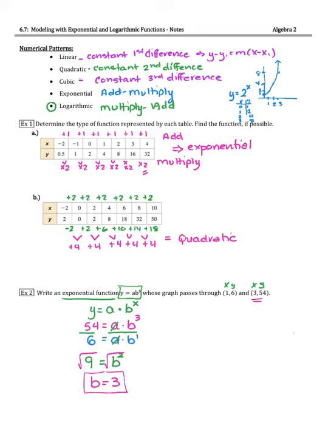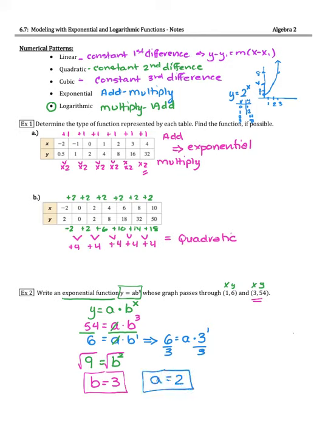To find a, I'm going to substitute that into either original equation, but I'm going to choose the one with the smaller exponent on the b. It'll make it easier to solve. So I have 6 equals a times 3 to the 1. And so then we can see that we can divide by 3, and we get a is 2.